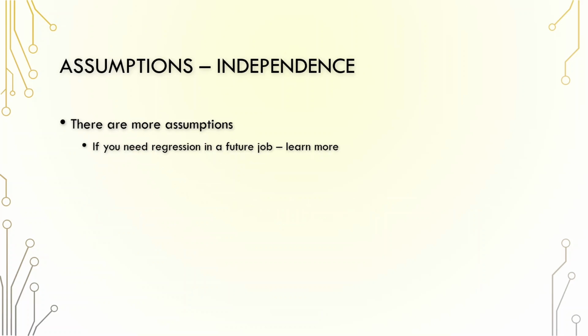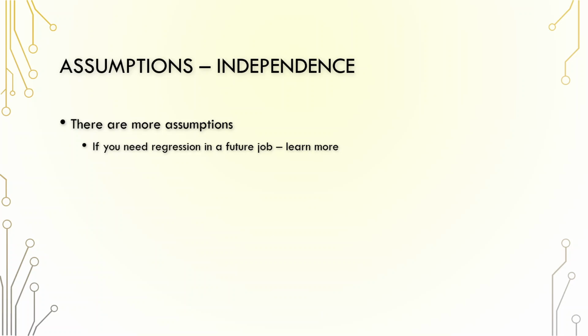Now, I mentioned before, there are other assumptions. There are other assumptions about normality, but in a different way than we're used to, about residuals, something called heteroscedasticity. Oh man, I'm always a little bit proud of myself when I can say that word right the first time.